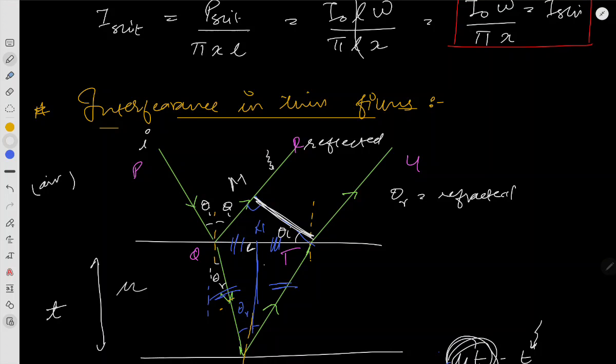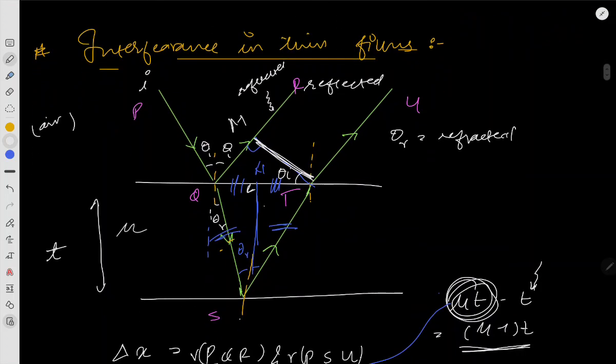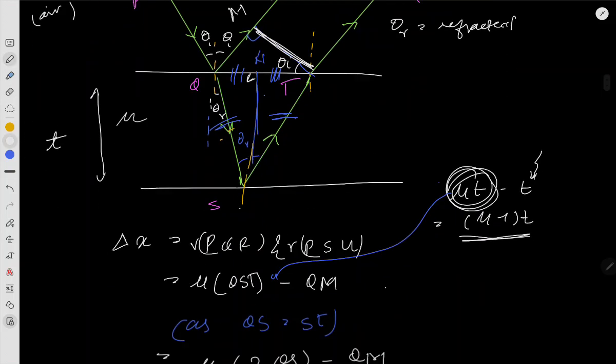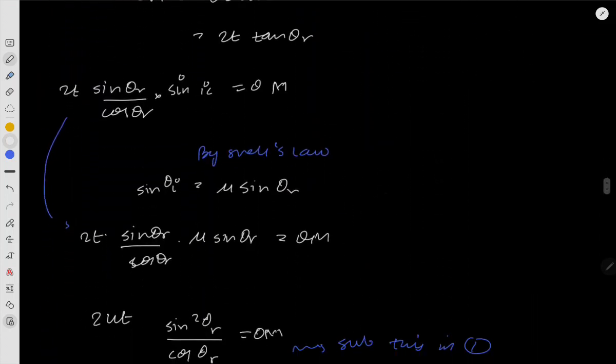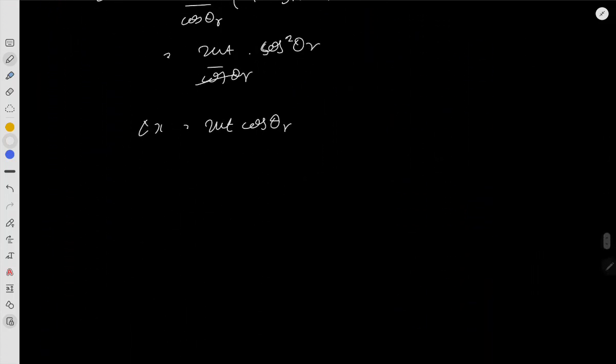So it gets reflected and rotated by pi. So now we know the path difference between them is plus some delta x dash, I'll write it as rotated.